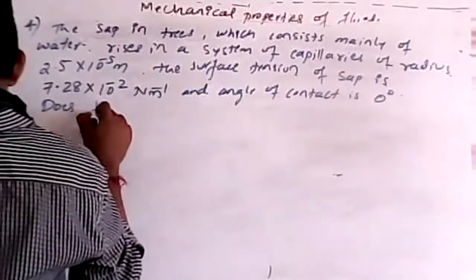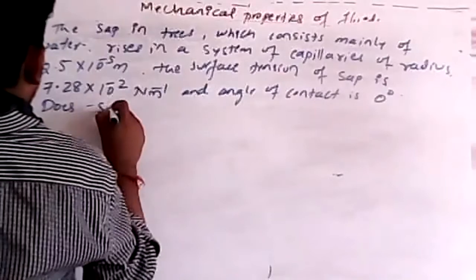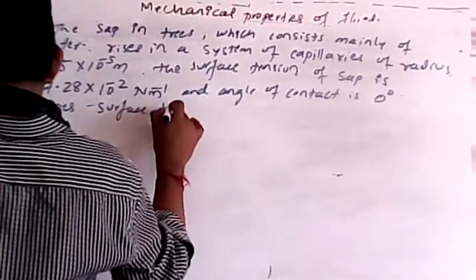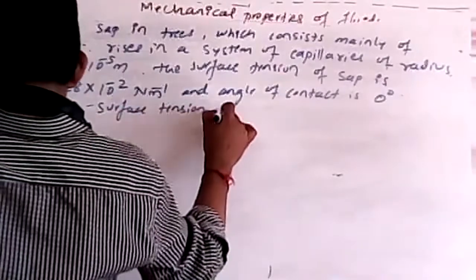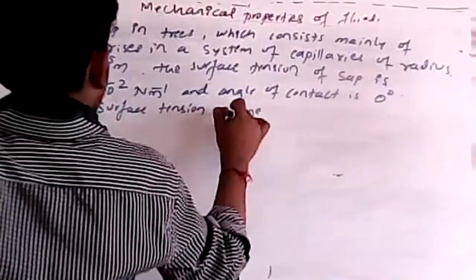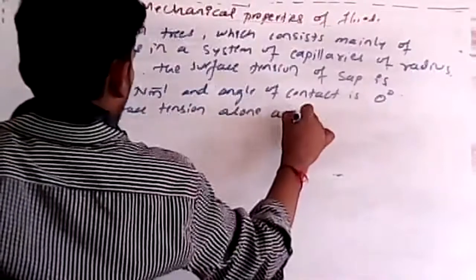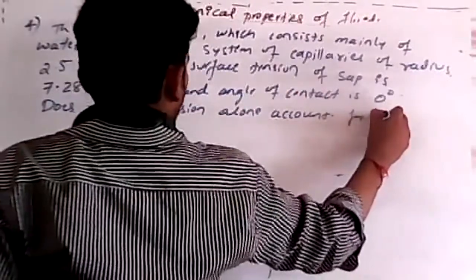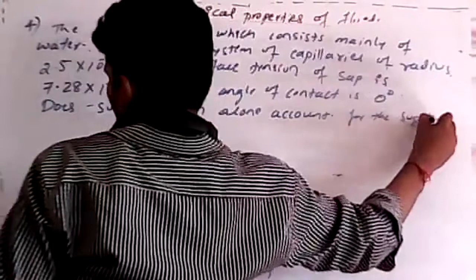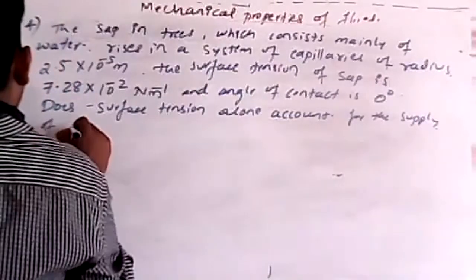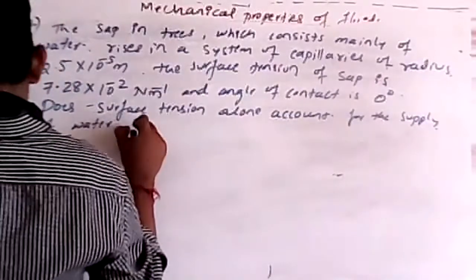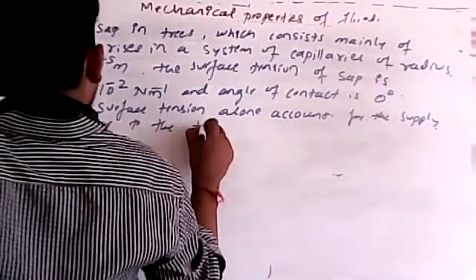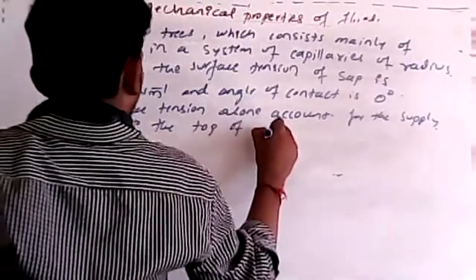Does surface tension alone account for the supply of water to the top of all trees?